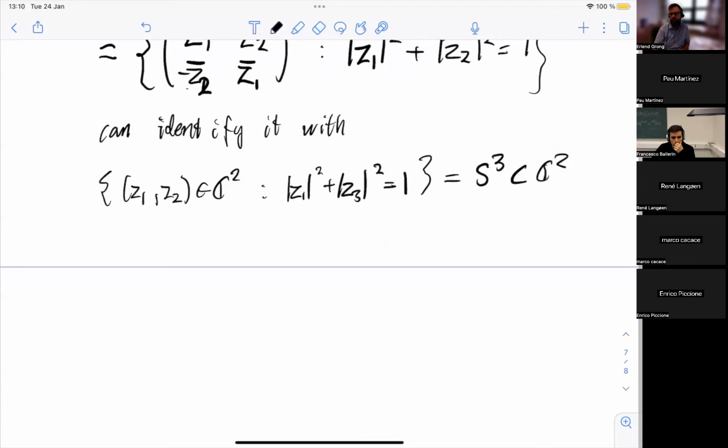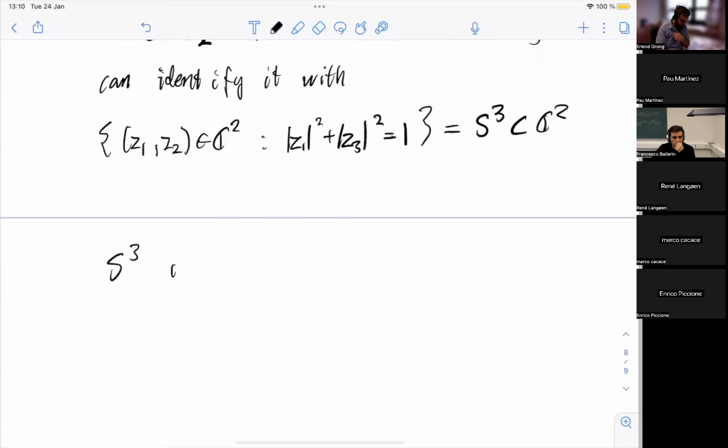So it's all the complex vectors of length 1, or you can look at that as all the real vectors in R4 with length 1, and that's the 3-dimensional sphere.